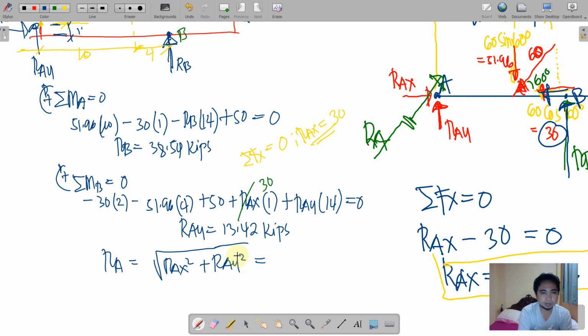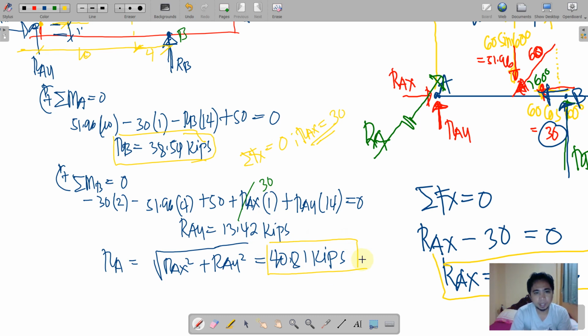Plus 38.54 squared. This is square root 40.81. 40.81 kips. So, these are the answers. We have RB here and RB 40.81 kips. So, that's it.